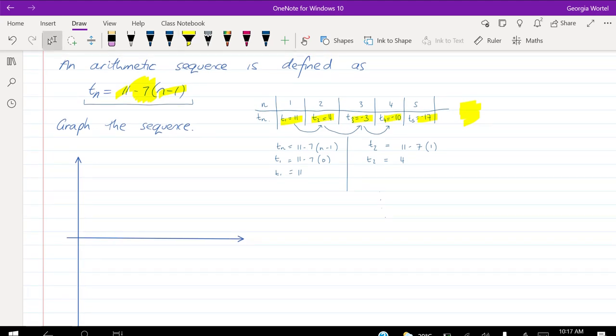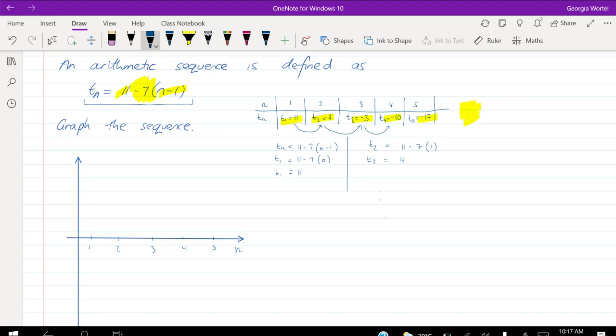So for T1, T2, actually, let's just write 1, 2. This can be our n-axis. 3, 4, 5. Obviously, use a ruler. And our next ones are, we want to start at 11 and go all the way down to -17.